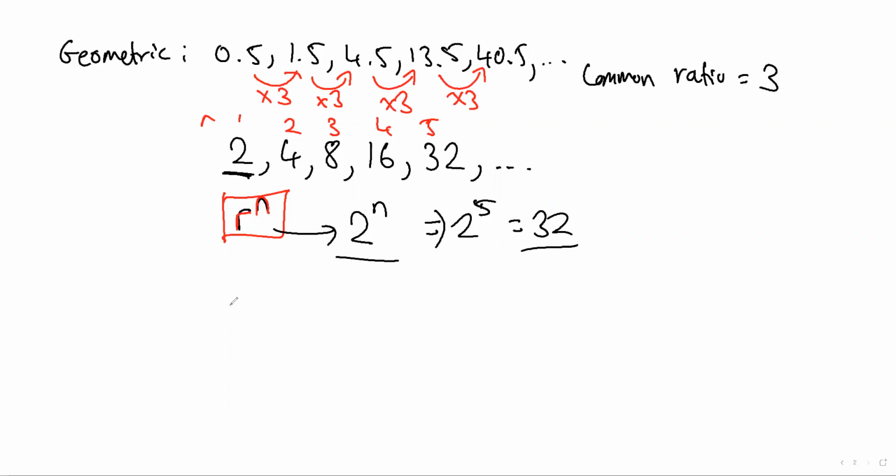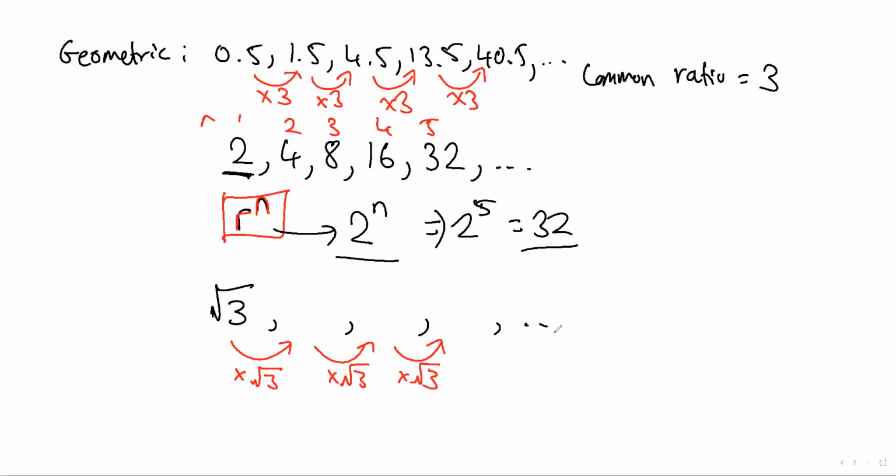Right, another interesting use of this equation is when we're multiplying by surds. What we could do is, if we had a sequence like this where we're multiplying by √3 each time, if you think about it, √3 times √3 is just 3.